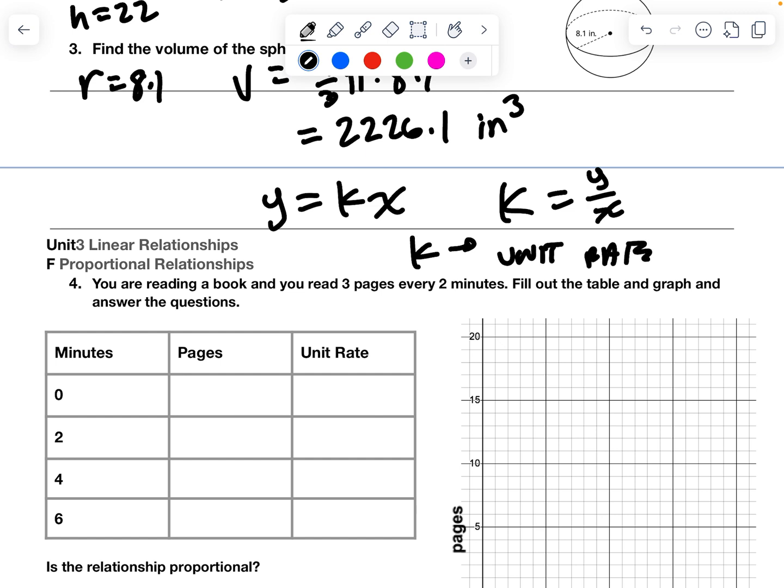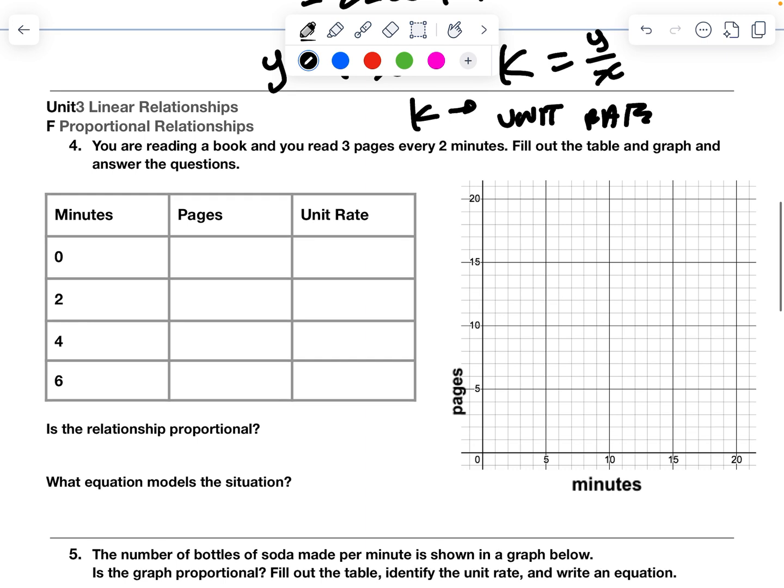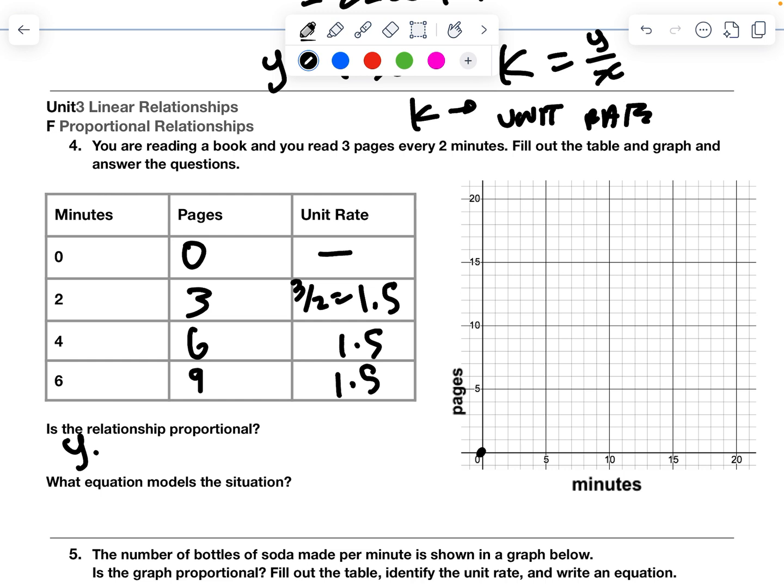So you're reading 3 pages every 2 minutes in a book. If it's a proportional relationship, it'll go through the origin 0, 0. Well, if I've read 3 pages in 2 minutes, I would read 6 pages in 4 and 9 pages in 6. My unit rate here, 3 divided by 2, would be 1.5. So is it proportional? Yes. My k value is 1.5 pages per minute.